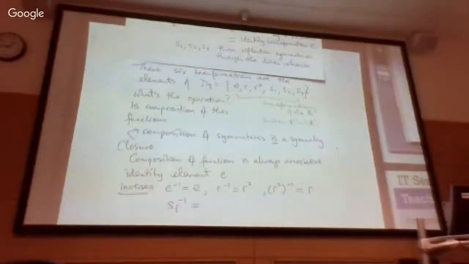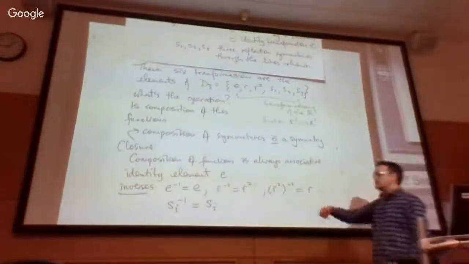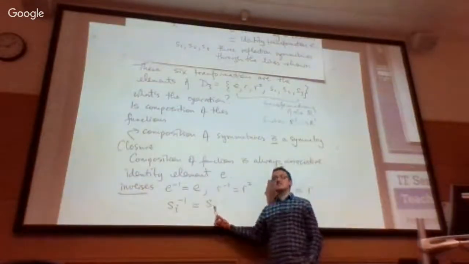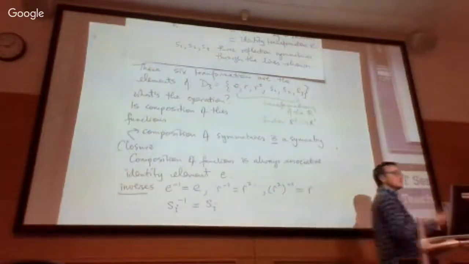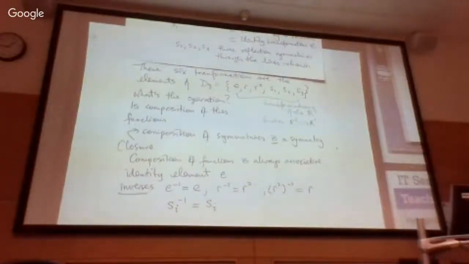Yeah, so you do exactly the same reflection again. That's why I index this one as i, because we can do all these together. So S_i inverse, the inverse of S1, S2, or S3, is just the reflection itself. So the reflections are self-inverse. Okay? And that's a kind of universal fact about reflections.